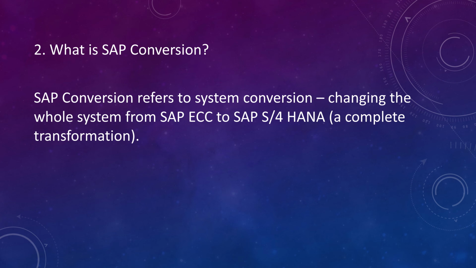So, when we say SAP conversion, we are talking about upgrading the full system landscape to the latest SAP technology, which is S/4HANA. This process involves proper planning, analysis, and tools to ensure a smooth and successful transition.